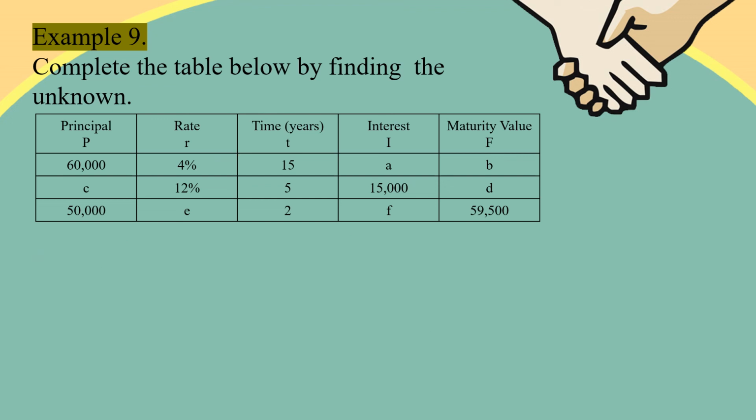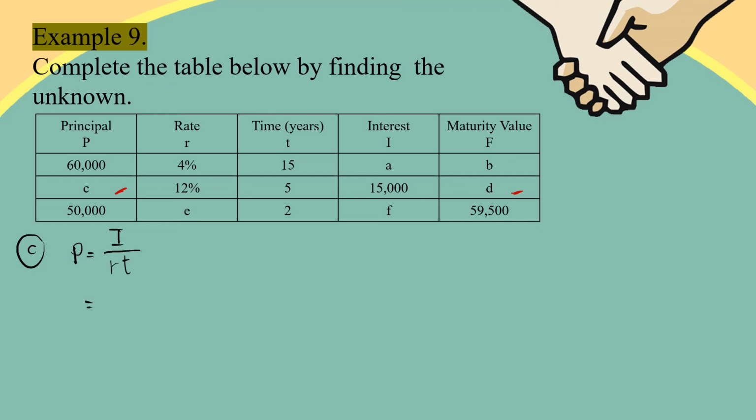Okay, so dito, ang hinahanap naman ay yung principal tsaka si maturity value. So, ang given lang is si rate, time, at interest. Unahin natin i-solve si principal. Okay, so C. To solve for the principal, ang formula for the principal, interest divided by rate times time.